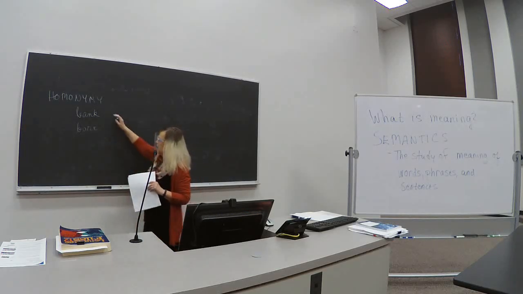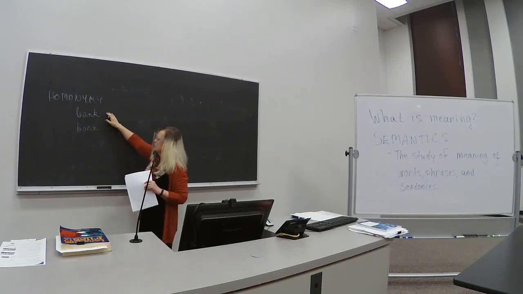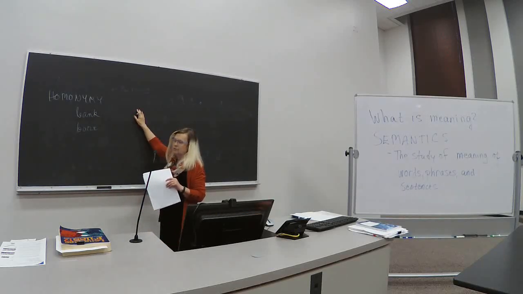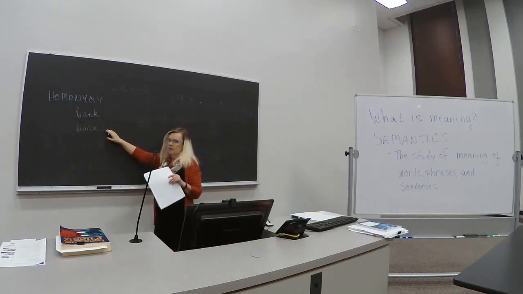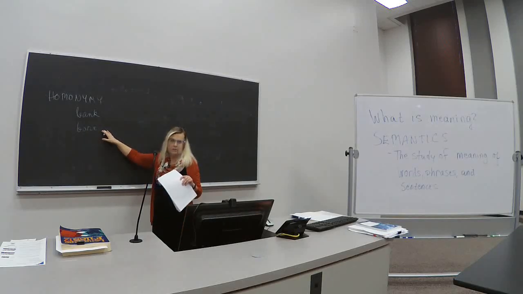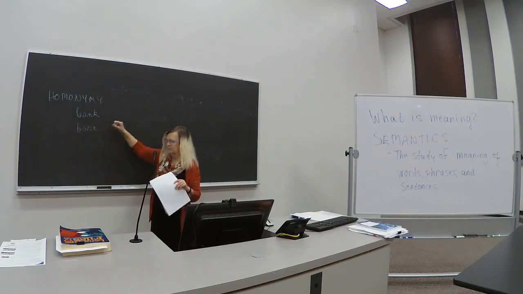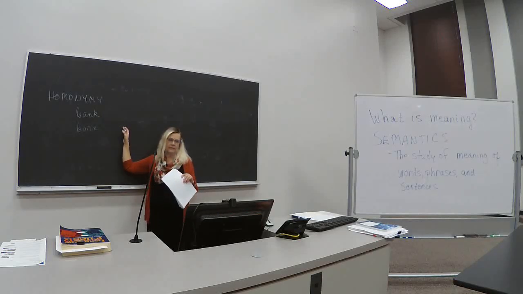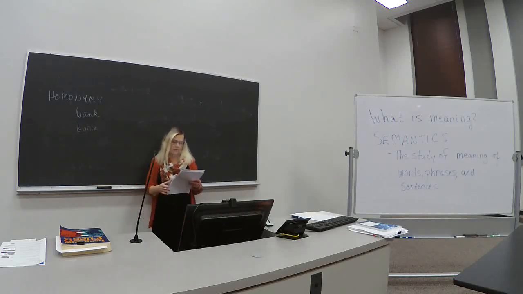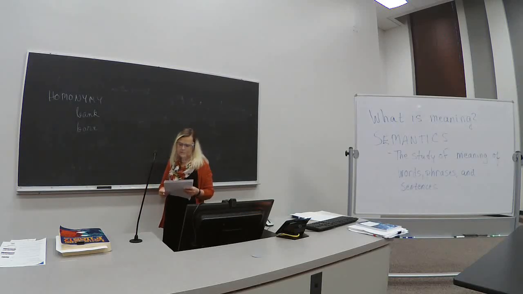These are bank, the financial institution, and bank, the river bank. Those are homonyms. And bore, the verb used as when you bore holes in wood, and when you are tedious, those would be also homonyms.